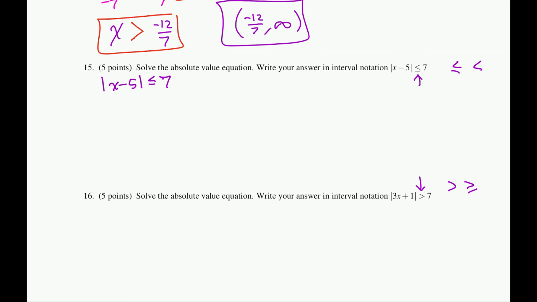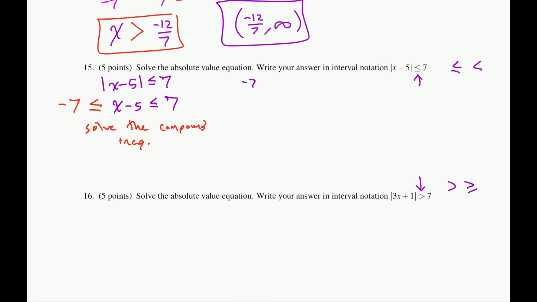In this case, for the symbol the way it is, all you do is drop off the absolute value and turn this into a compound inequality by adding this other side. This symbol stays this symbol, and whatever is here becomes negated. And then this is a compound inequality, and you solve the compound inequality, which is not that hard to do.